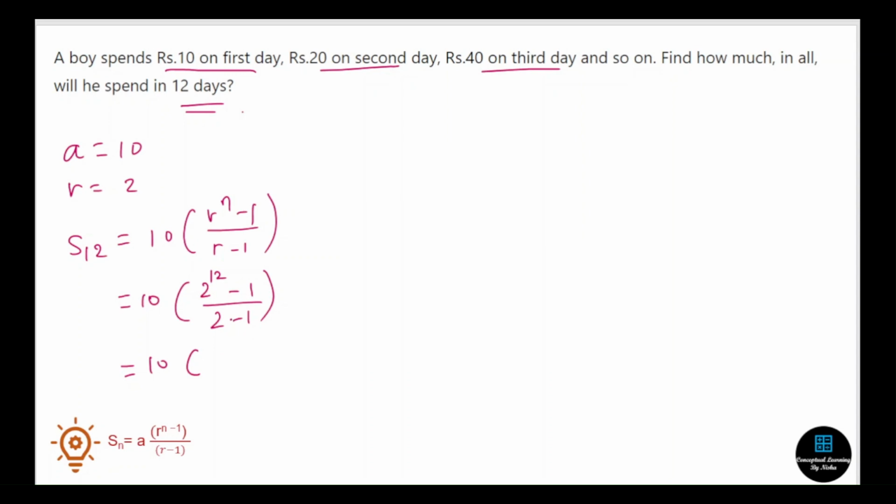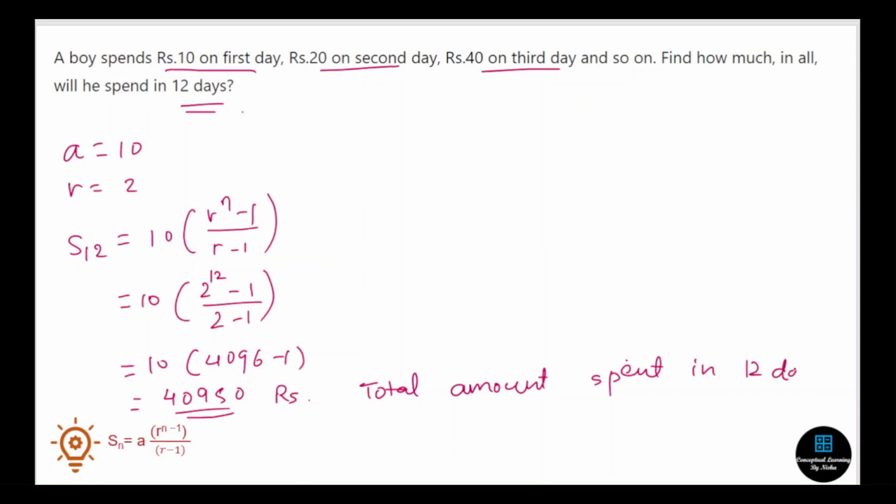So I can simply say that it is 4096 minus 1. And on simplifying, I'll get 4095. So 40950. This is the total amount he spent in 12 days. Right?